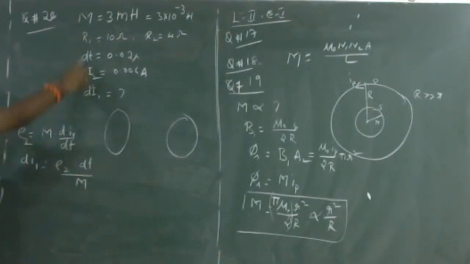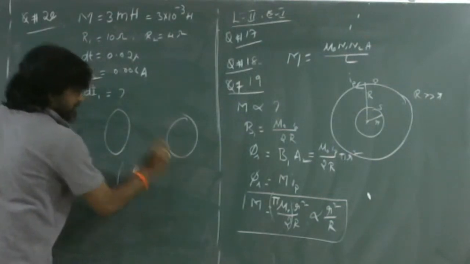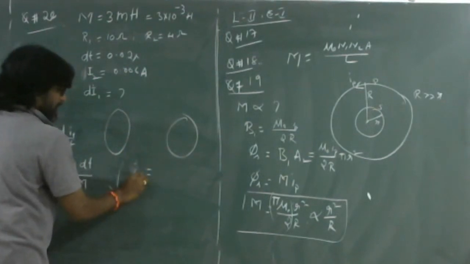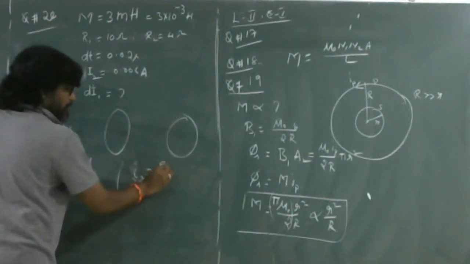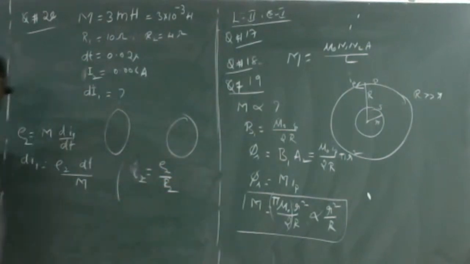Here dt is given, the time in which the current is supposed to change. M is also given. E2, the EMF induced, is given, resistance is given, and induced current is given. So can you find the induced EMF? Induced current in the secondary is equal to induced EMF in the secondary by resistance in the secondary.